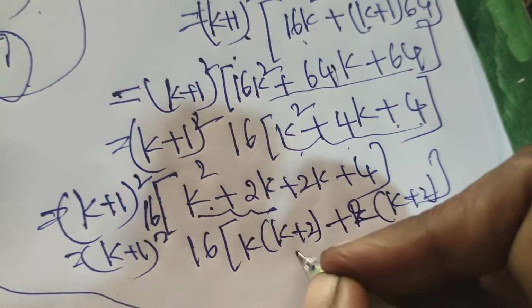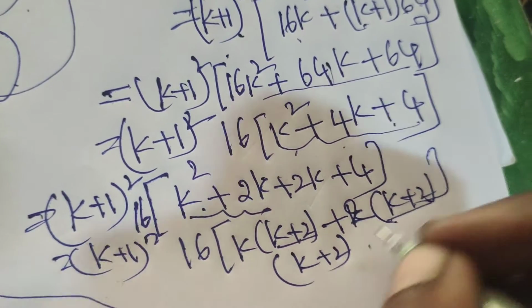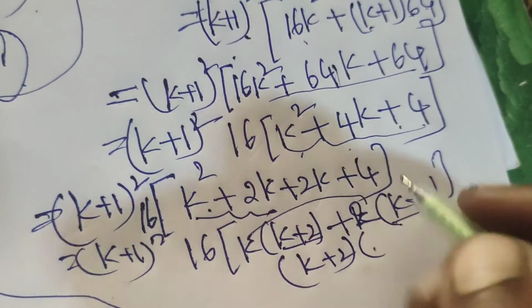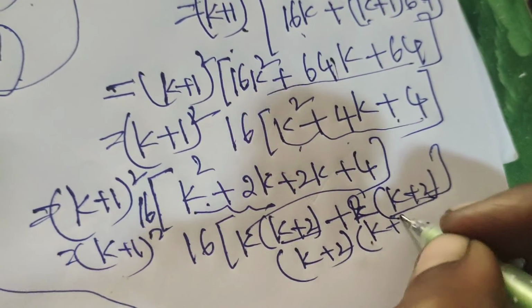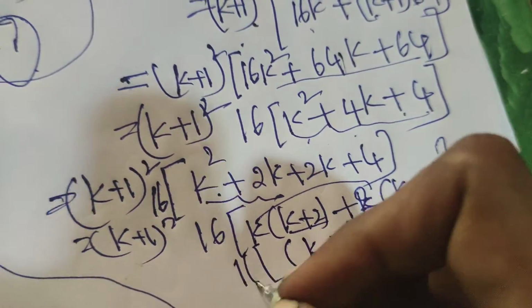Then write k plus 2 into k plus 2, which is k plus 2 whole square.